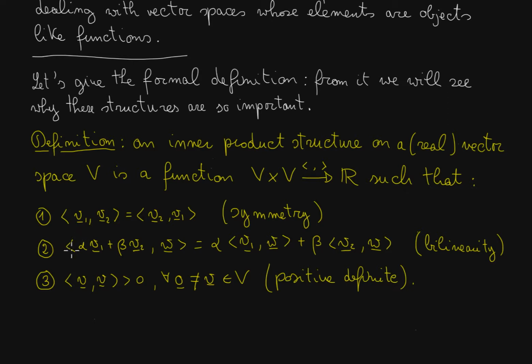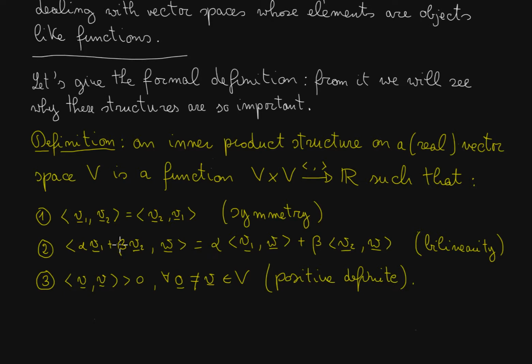This property reads as follows: if we take a linear combination of two vectors, v1 and v2, with coefficients alpha and beta, and we multiply by vector w, what we will get is that this vector distributes to the individual summands, and the scalars just pass through the sign of product.